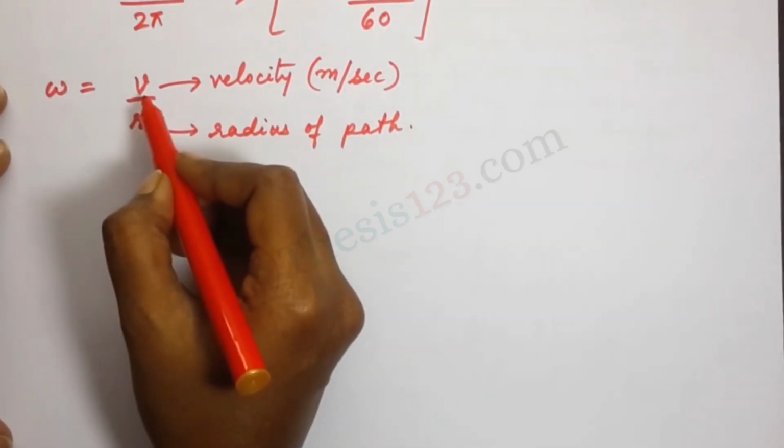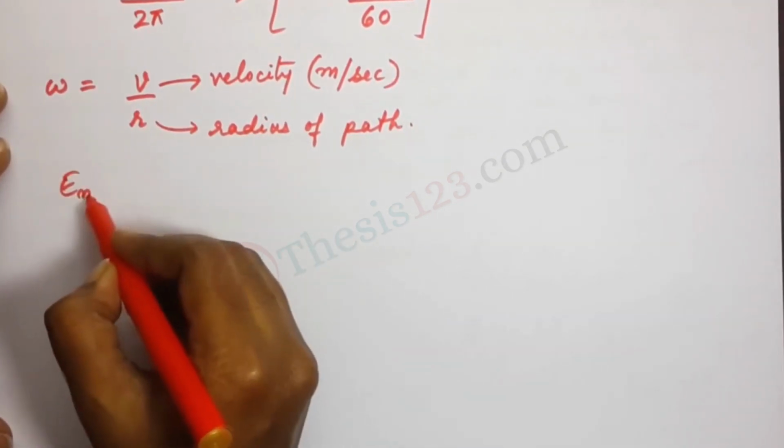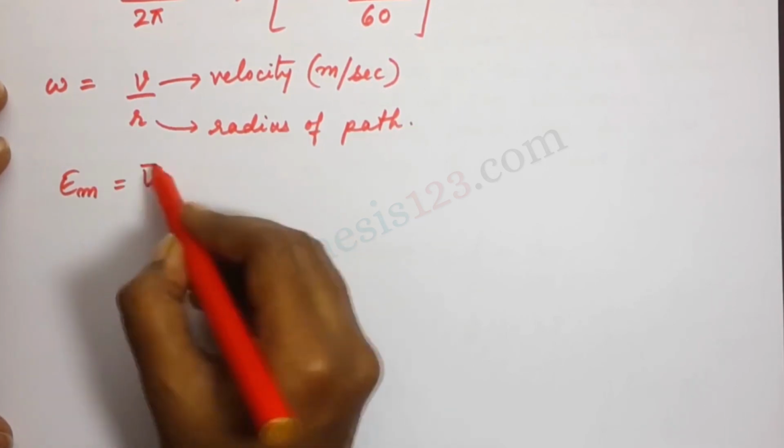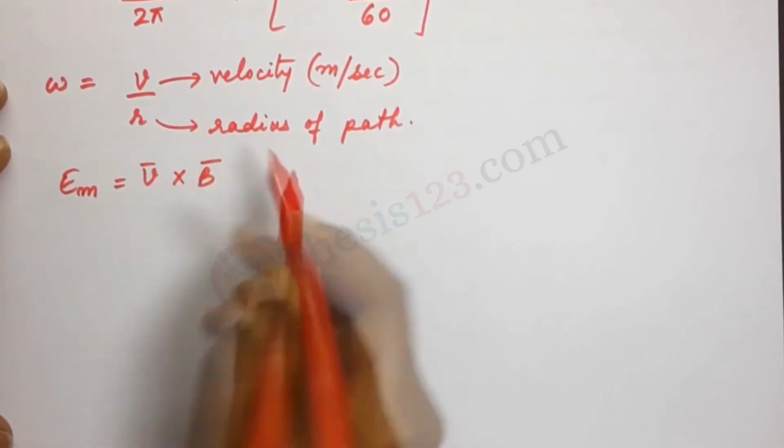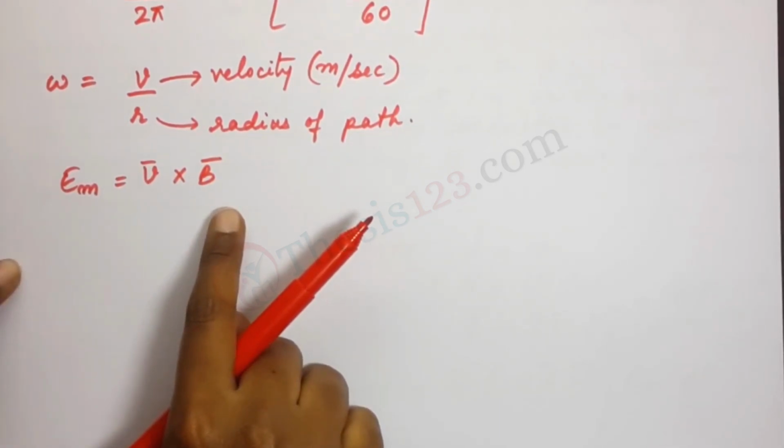Now V can be written in terms of EM. EM is equal to V bar cross B bar. Now this is the usual notation. So these are the expressions with which we will find out what n is.